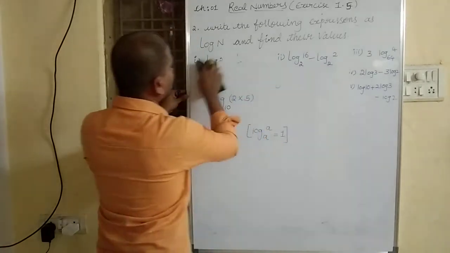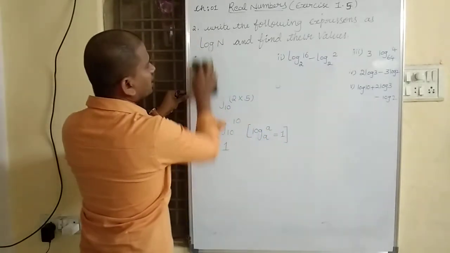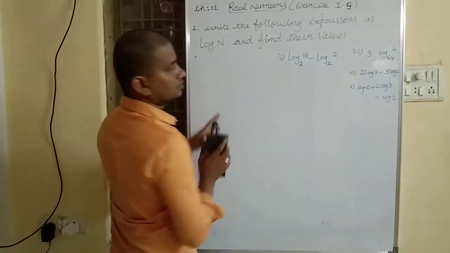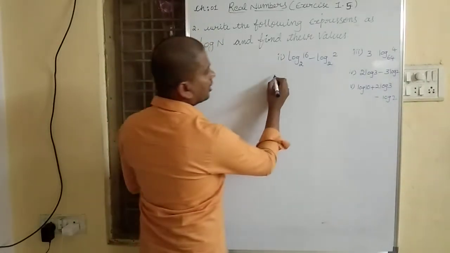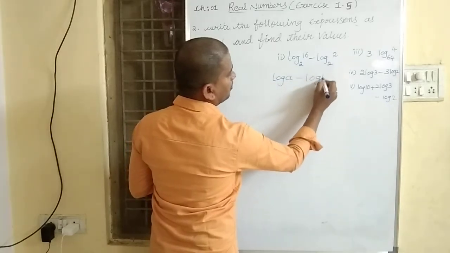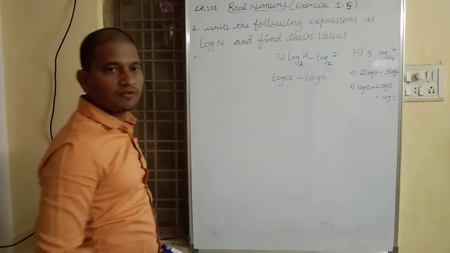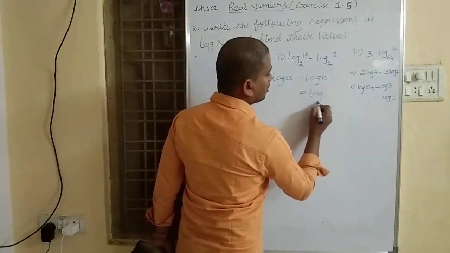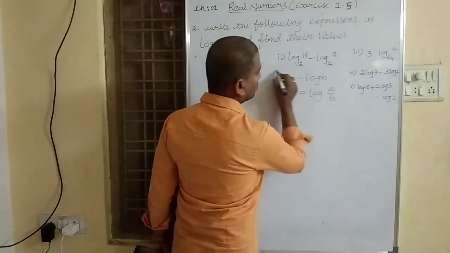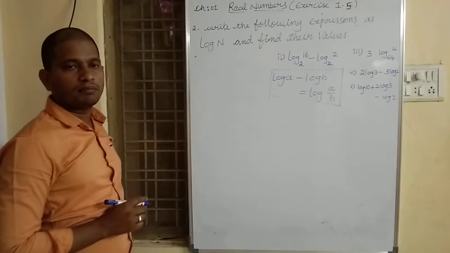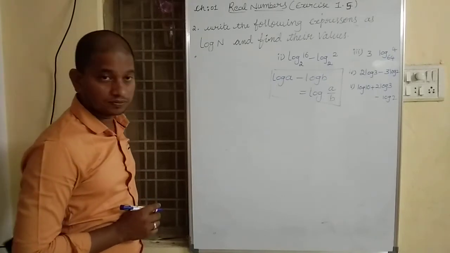Coming to the second question, you can observe here, which is in the form of log A minus log B. So what is the formula of log A minus log B? Which is log A by B, the quotient rule.